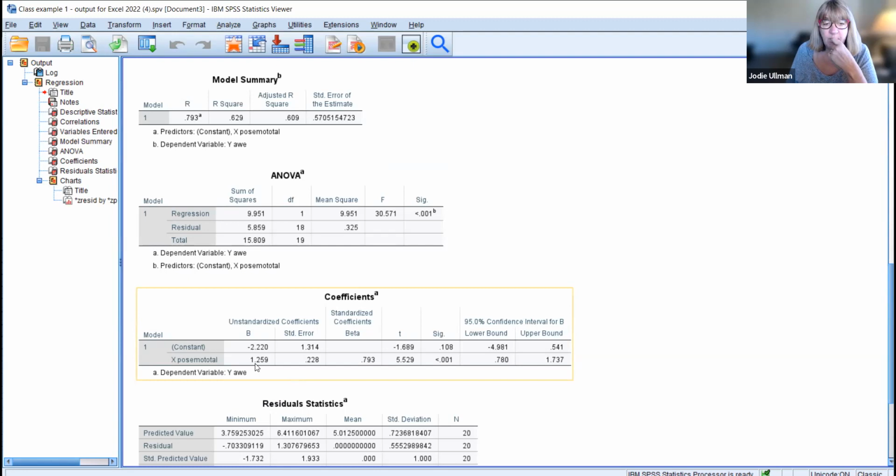And my evidence is t with 18 degrees of freedom equals 5.29, p less than 0.05. We got this t by dividing the 1.259 by the standard error, the 0.228. That would be roughly 5.29.